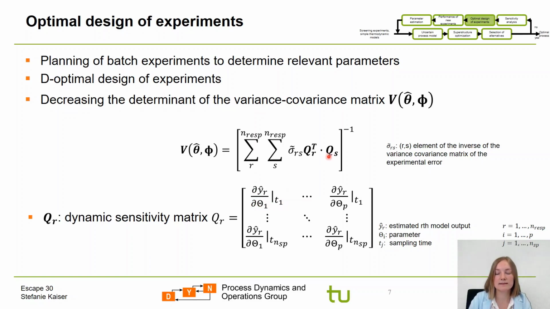And Q_S is then the dynamic sensitivity matrix of the output S respectively. As I said before, we want to focus the experiments on the relevant parameters. So we weight these optimal design of experiments with the standardized regression coefficients that we computed before.